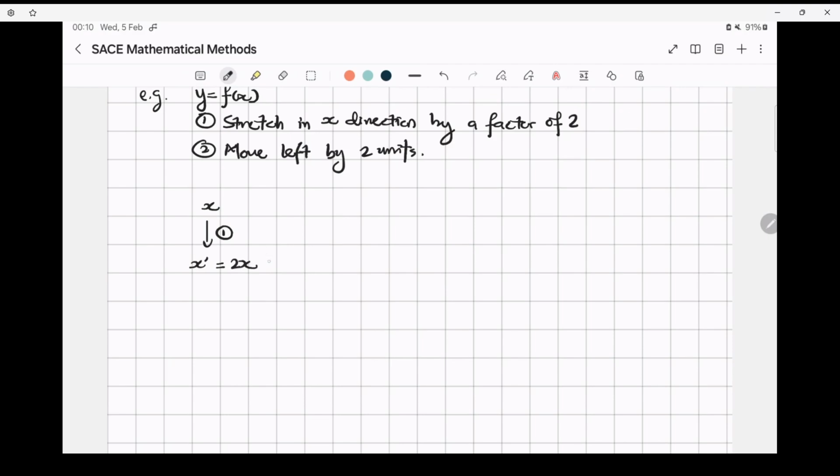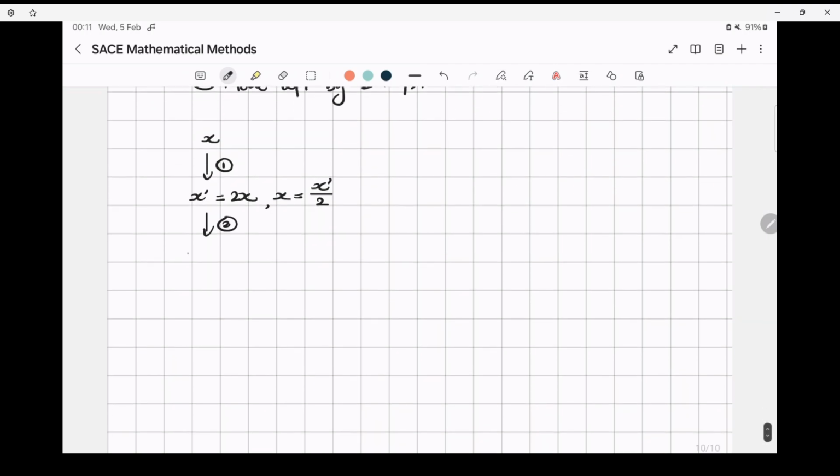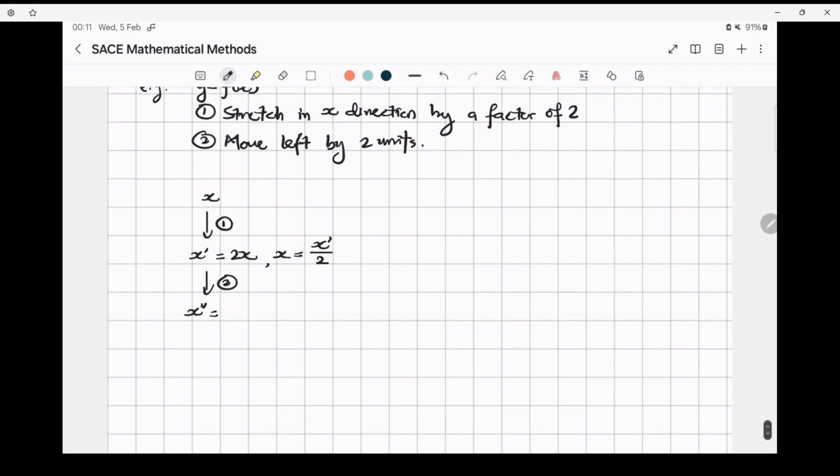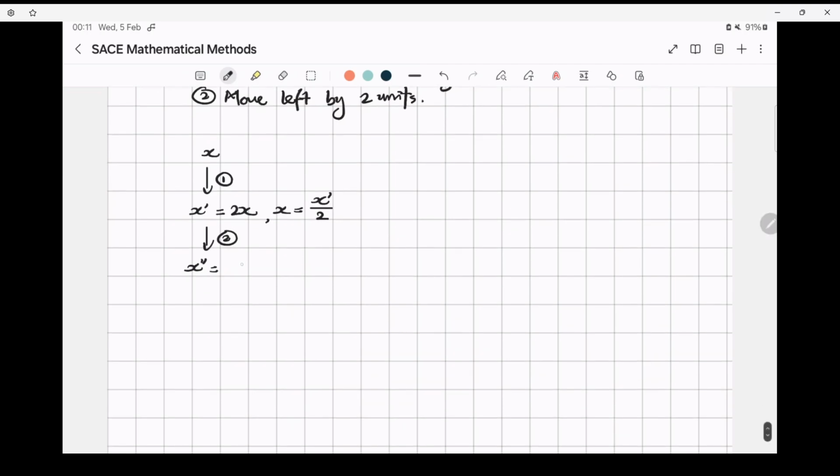Remember to write down what x is in terms of x prime, so it will be x prime over 2. Then you go through the second transformation. Let's denote this as x double prime. Remember that your second transformation depends on x prime, not on x. So you move left by 2 units.